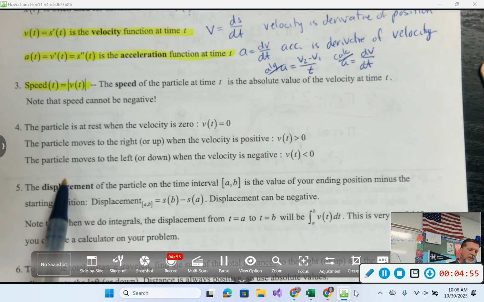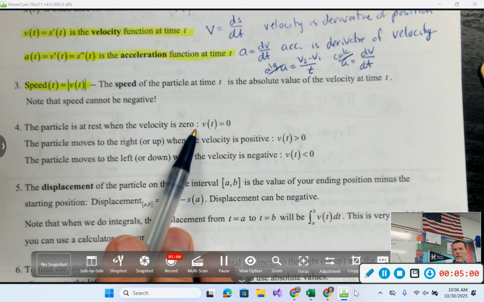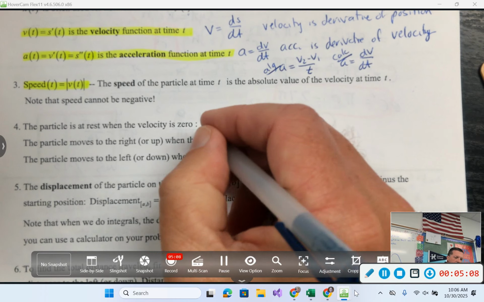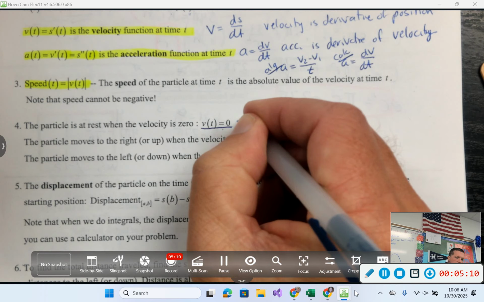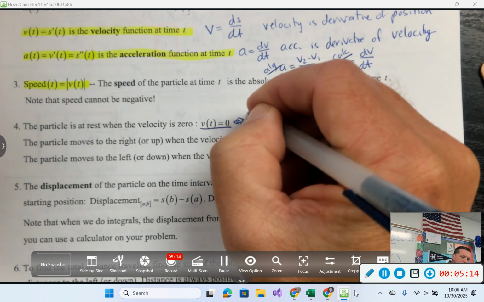Here's some more physics things. The particle is at rest when the velocity is 0. You remember from physics the problem would say a particle starts from rest, and that's like code word for v equals 0. So v equals 0, that's the same thing as rest, or at rest.